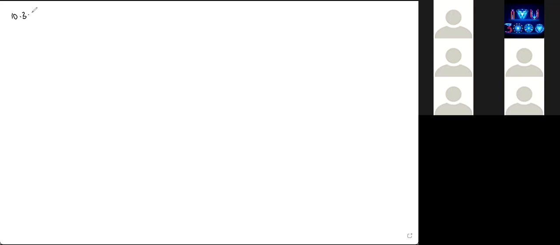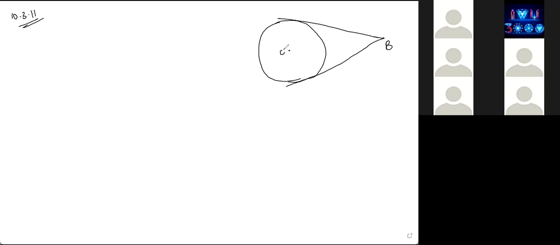So 10.3.11. So let's draw the figure. Naturally, there's a circle and there's a couple of tangents. Okay, what else are they saying here? From an external point B of a circle with center O. Okay, so this point is B, the center of the circle is O. Two tangents are drawn, BC and BD.